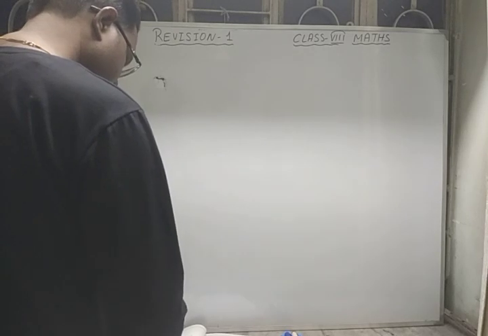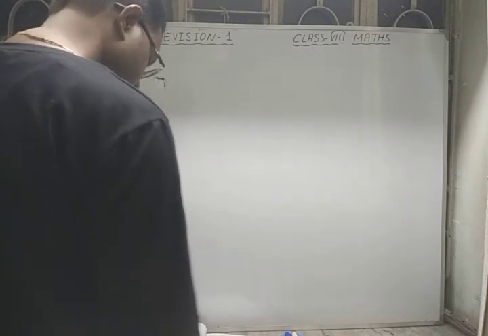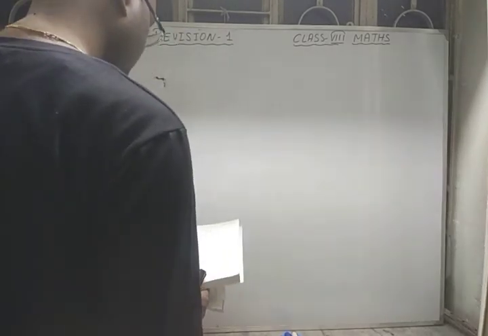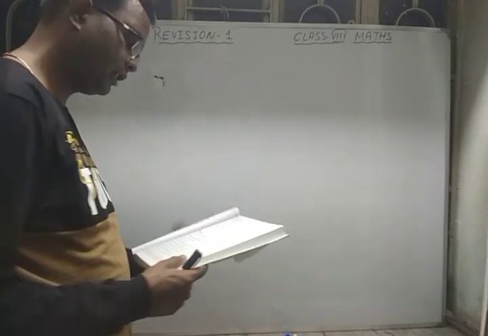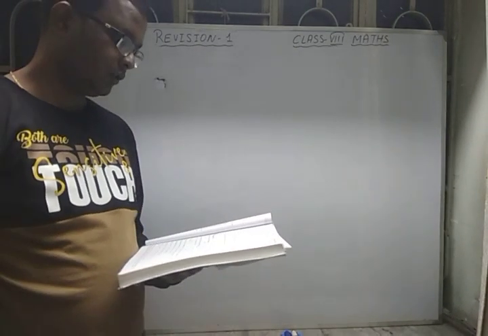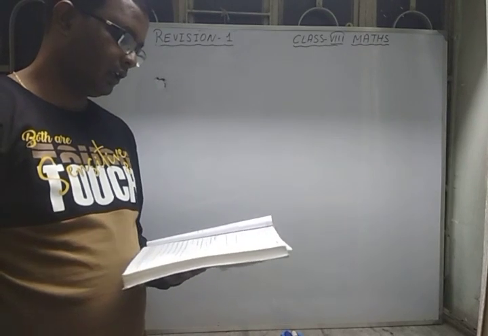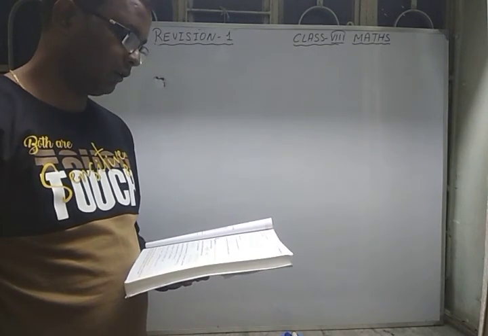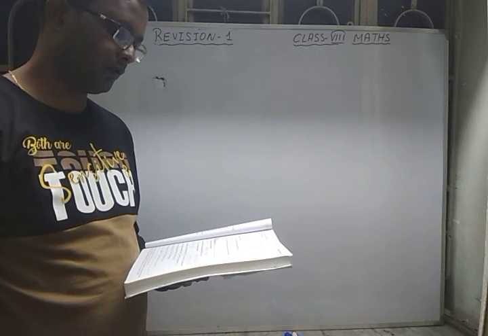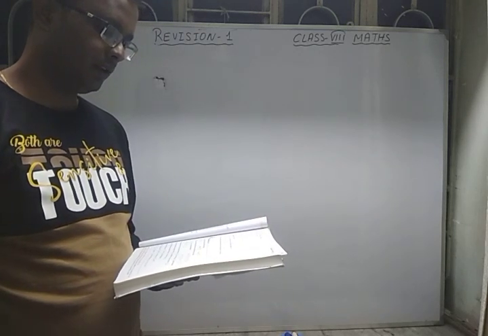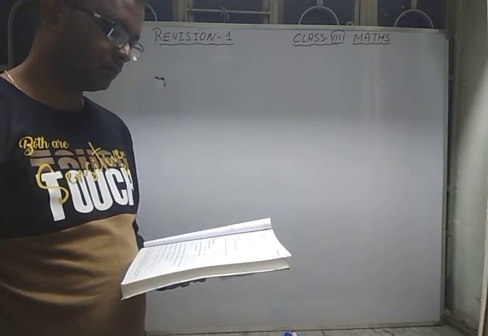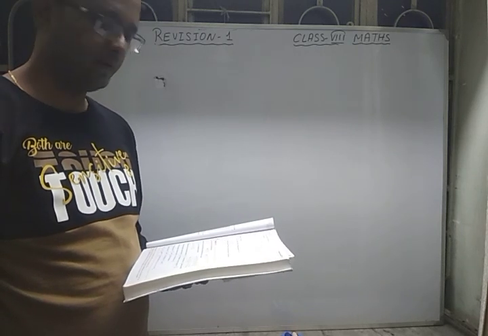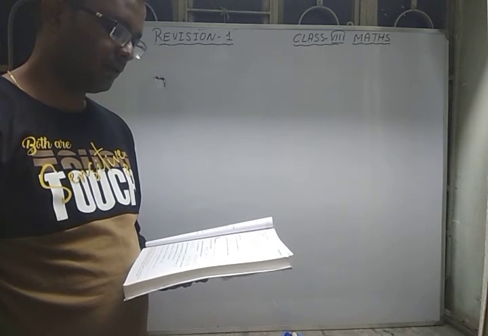I will select one question. Here the question is from exercise 1.4, question number 2, subpart 2. State whether the following statements are true or false. So here a division is given, minus 3 by 4.